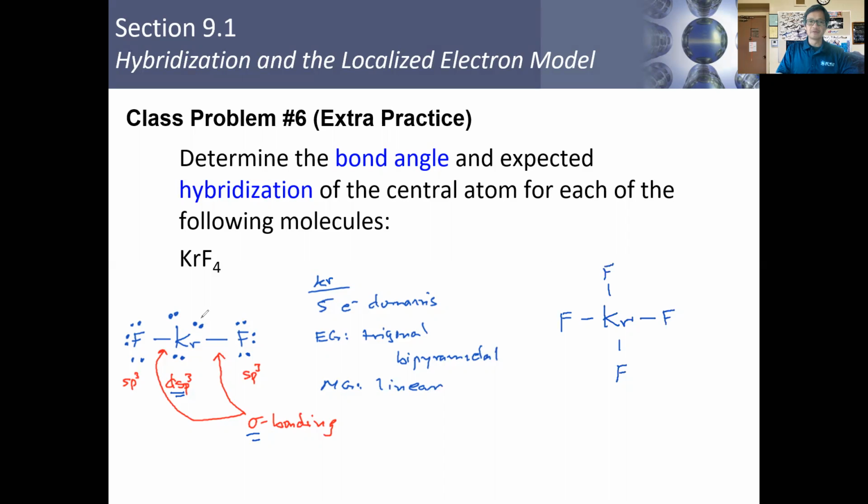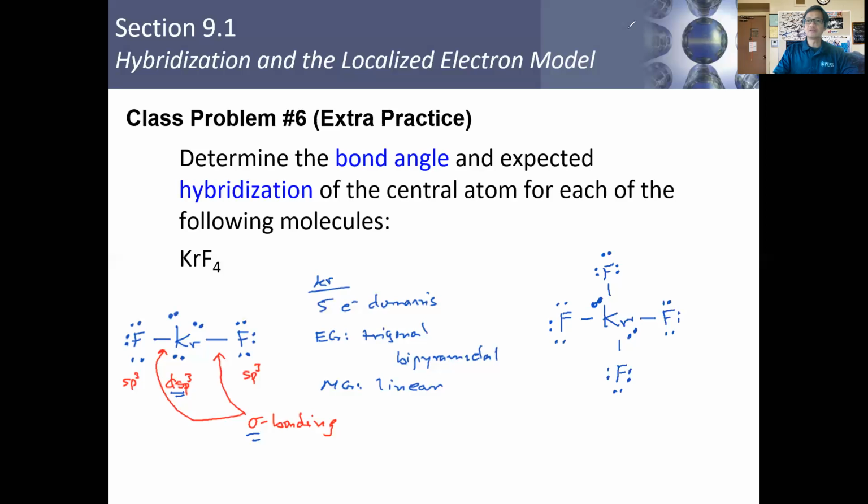However, remember, there are still 2 lone pairs that krypton has, so make sure you keep that in mind. And I'm going to draw the fluorines here. Make sure you draw the lone pairs in for the fluorines as well. Each fluorine has its 3 lone pairs.